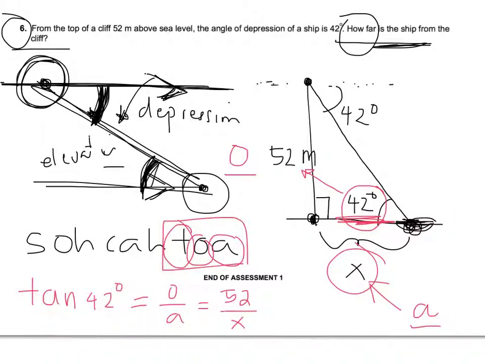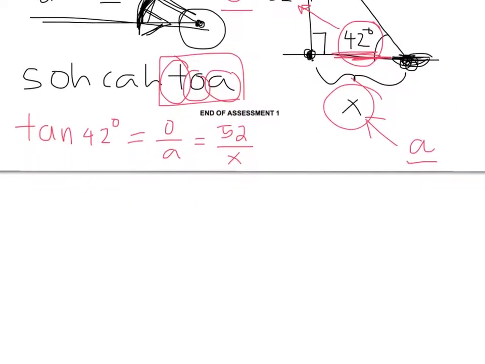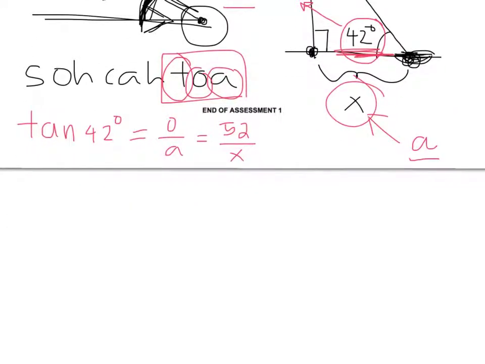Can you follow? Is that clear? Okay, so that means tangent 42 degrees is equal to 52 over x. So all you need to do is manipulate this equation. How do we solve it? You cross multiply.